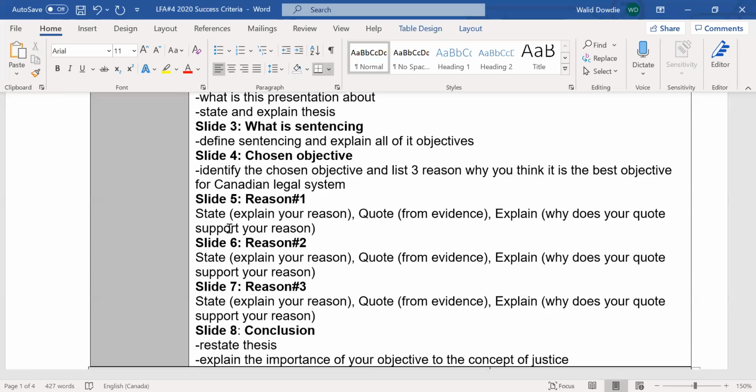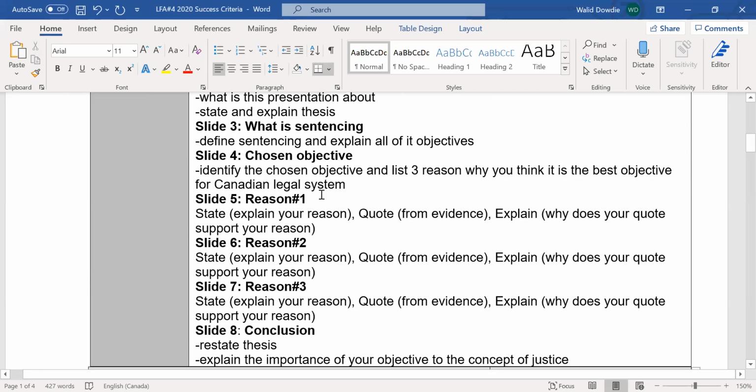Reason 3 can be your third reason. It's up to you. I'm just saying that you should state and explain your reason, quote evidence, whether you mention a case study or the position from a theorist, and explain why the quote supports your reason.